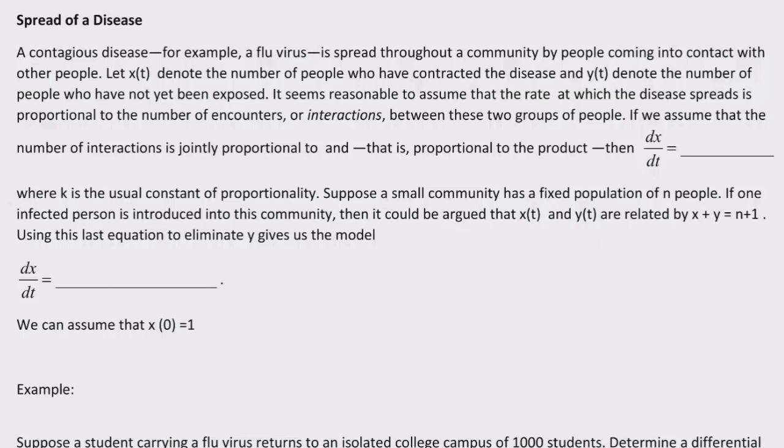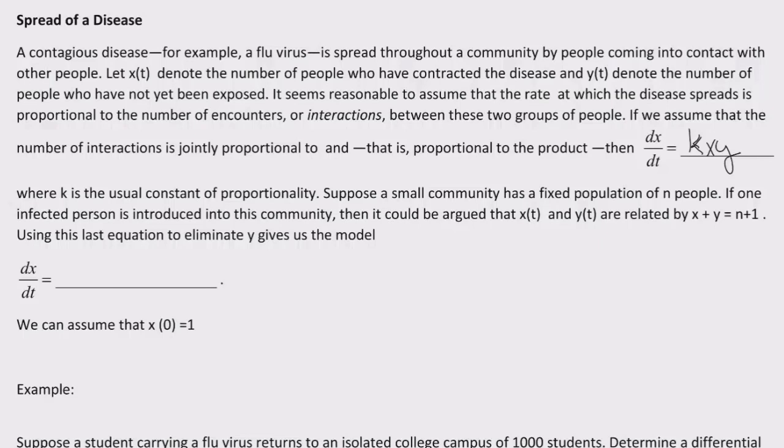If we assume that the number of interactions is jointly proportional to x and y, that is, proportional to the product, then dx/dt would equal k x y, where k is the usual constant of proportionality. Suppose a small community has a fixed population of n people.